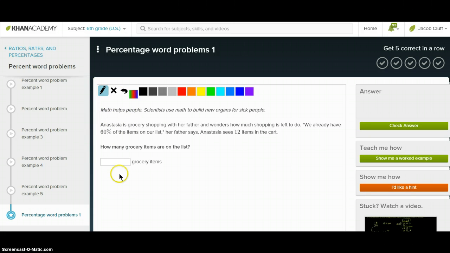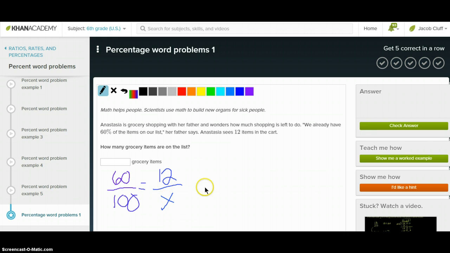So we could do this a few different ways. We can see this 60% as 60 over 100. And if we were setting up this ratio, then we would have 12 items in the cart, and this 12 would be equivalent to 60%. And then we can cross multiply and divide to come up with our answer.